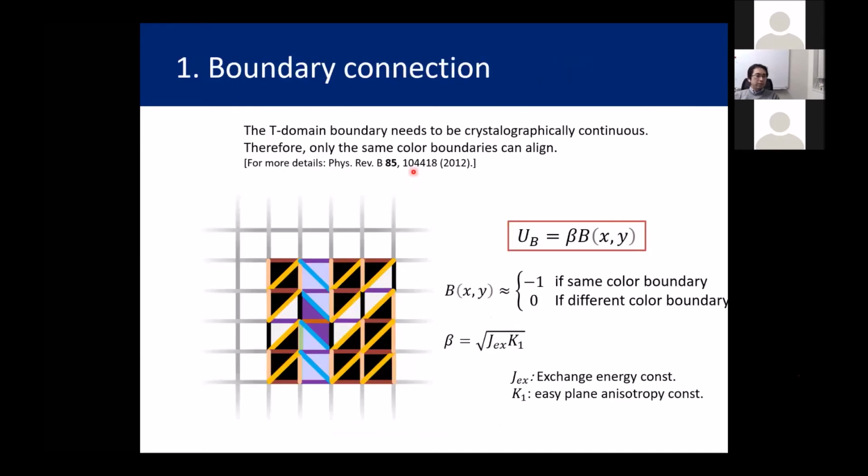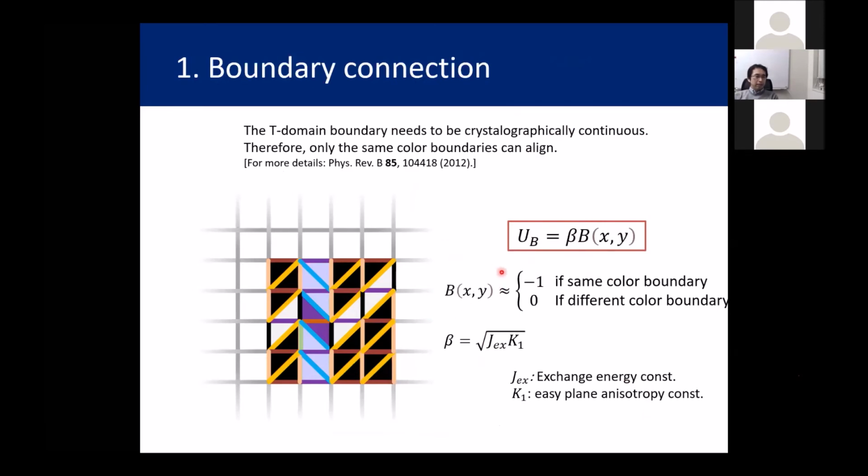The first one is the boundary connection. As we discussed a few slides ago, this takes care of the crystal continuity. Here we define the potential energy U_V like this, where beta is the square root of the exchange constant and easy plane anisotropy constant.